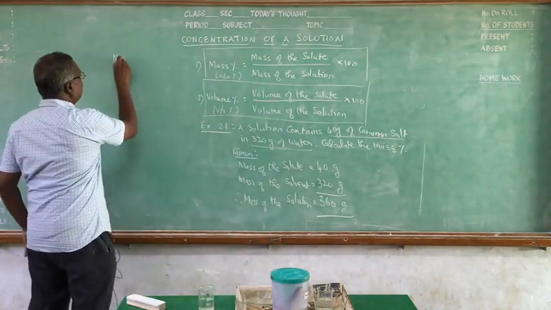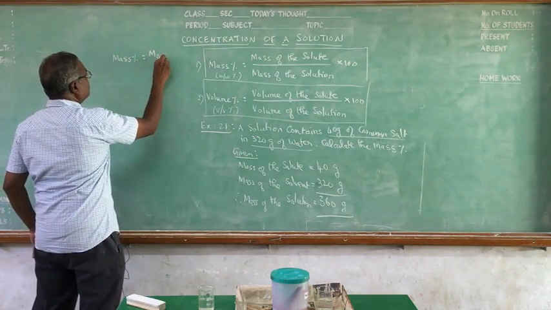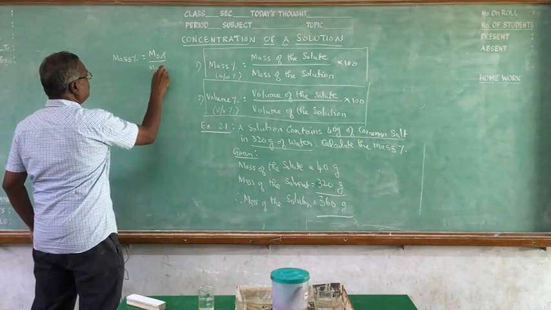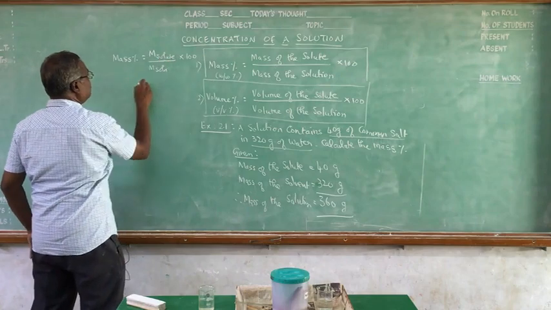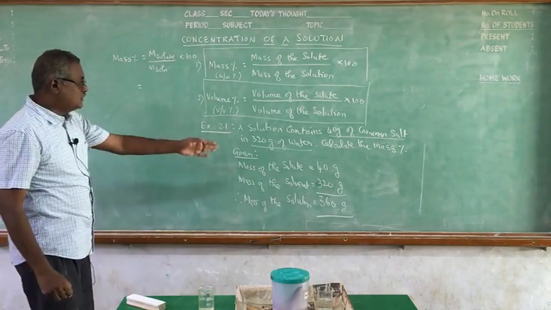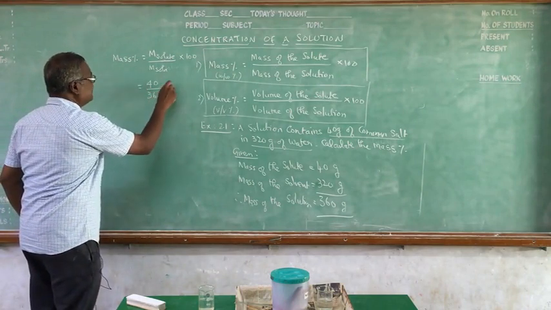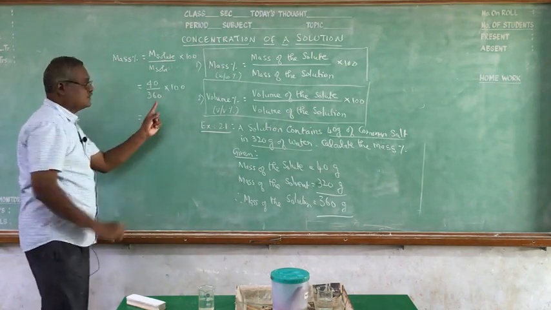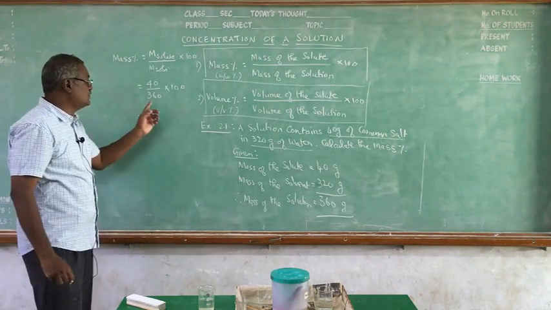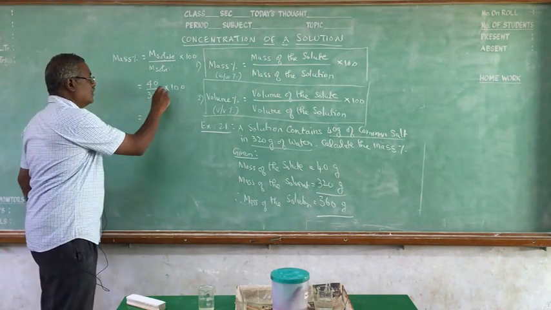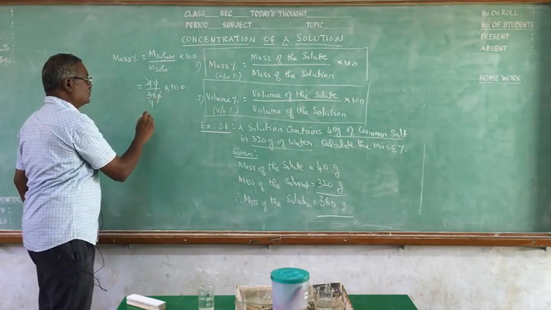Mass percentage is equal to mass of the solute divided by mass of the solution into 100. This is the formula. Mass of the solute is 40, mass of the solution is 360. Very important: 360, don't put 320 because 320 is the solvent. So 40 by 360 into 100. Cancel 0, 0. 4 ones are 4, 9 fours are 36.